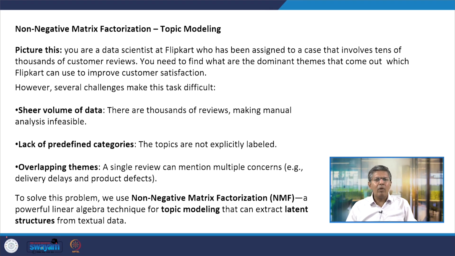You need to find the dominant themes which Flipkart can use to improve customer satisfaction. Flipkart wants to know the major themes so that they can work on them and make improvements. Otherwise, with lakhs of reviews, there might be even thousands of topics. How would you pinpoint and narrow it down to find a solution?